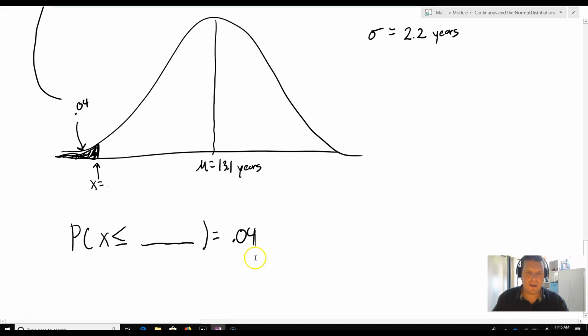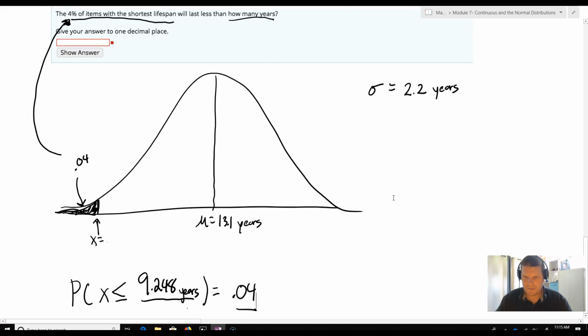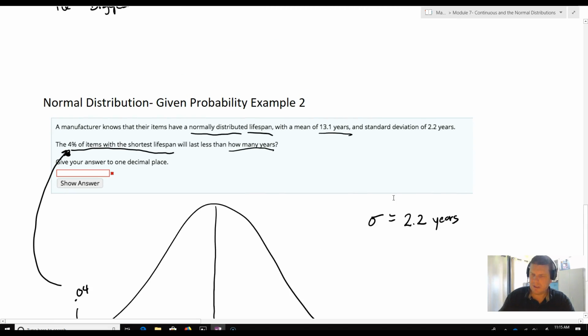So the probability that x will be less than or equal to 9.248 years is 0.04. That says that the 4% of items with the shortest lifespan will have less than or equal to 9.248 years. That's the question.